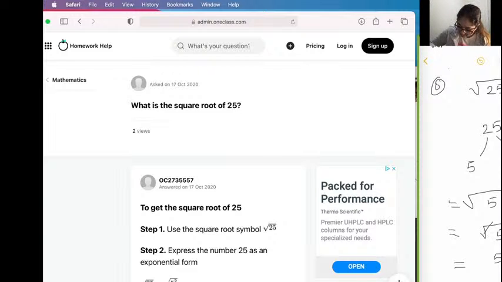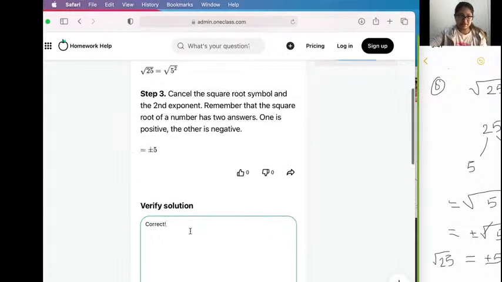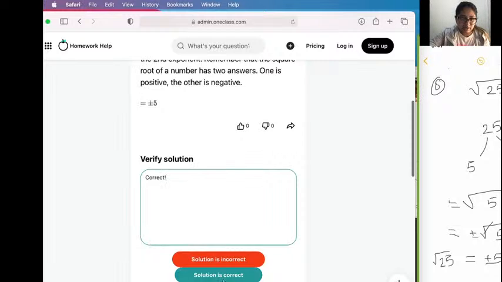So the square root of 25 is equal to 5. Oh yeah, plus or minus 5. Always keep that in mind too. This goes for all the cases. If we're doing a square root, there's always a positive and a negative, and this is correct.